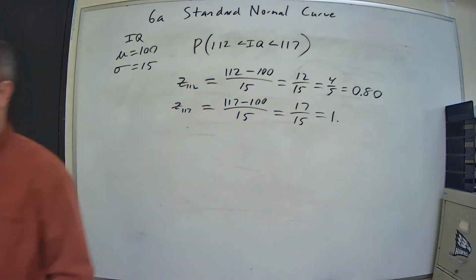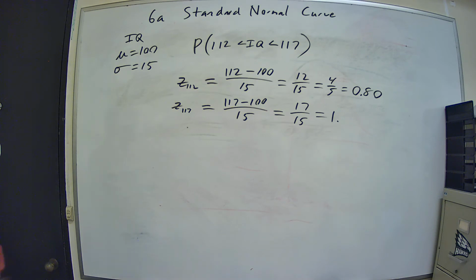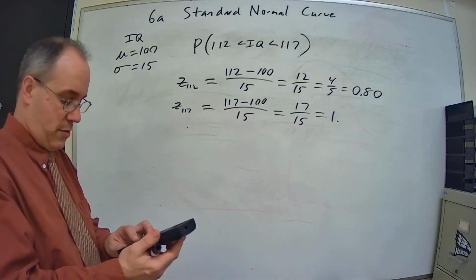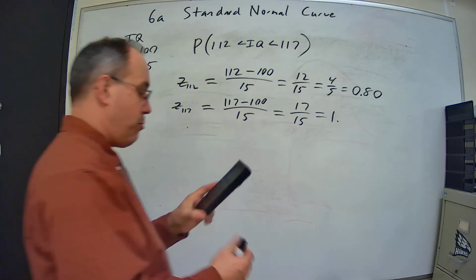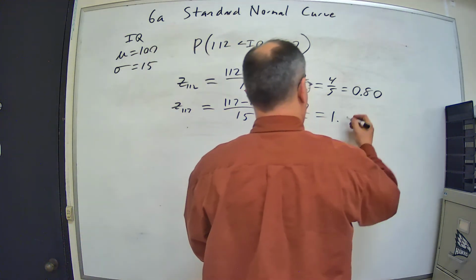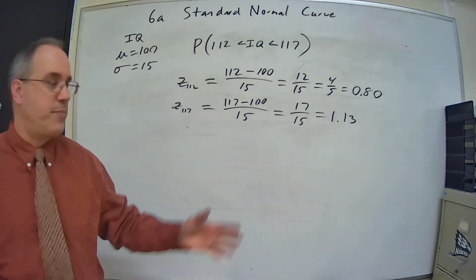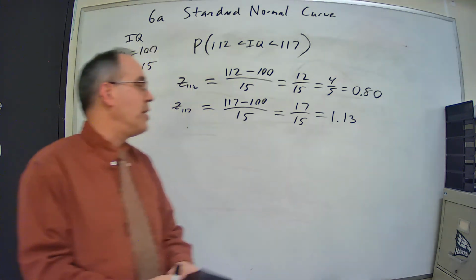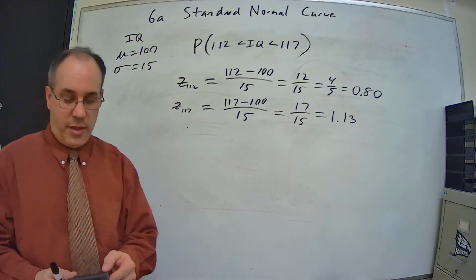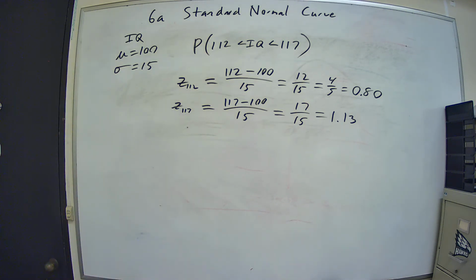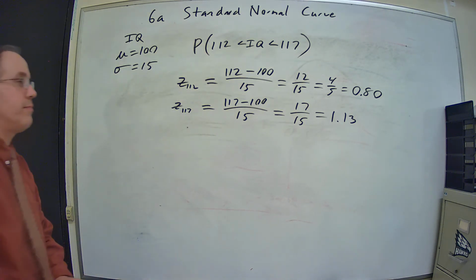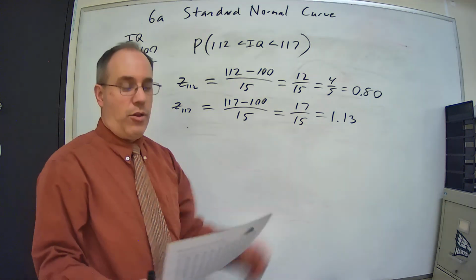Well, what's 2/15? So 17 divided by 15 gives me 1.13 repeating. So 0.13, when I round it, because I'm continuing with 3s, that's going to round to a 3. So 1.13. So now that I have those z-scores, I can now look them up in my table.